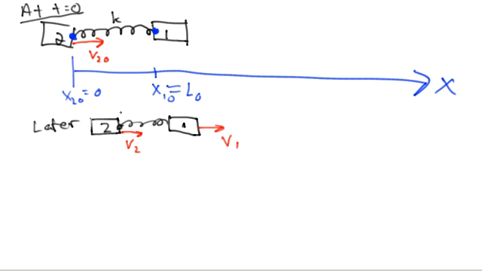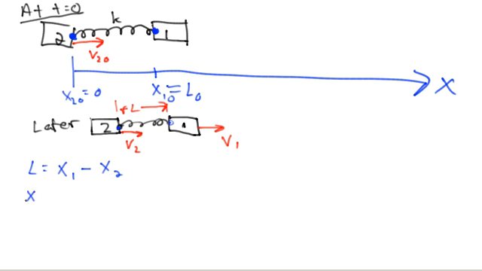And the spring length, L, is going to be x1, so the position of this mark on x, the position of that mark, so it'll be x1 minus x2. That'll always be true.